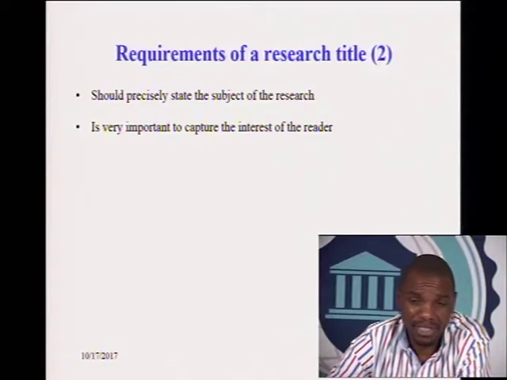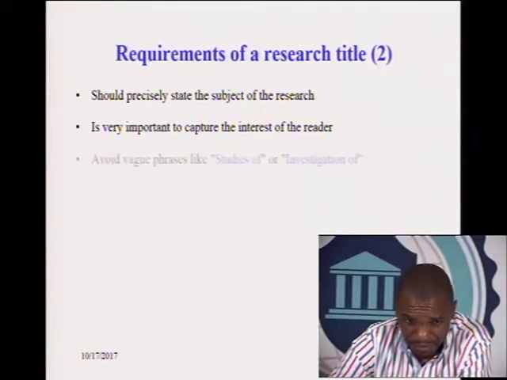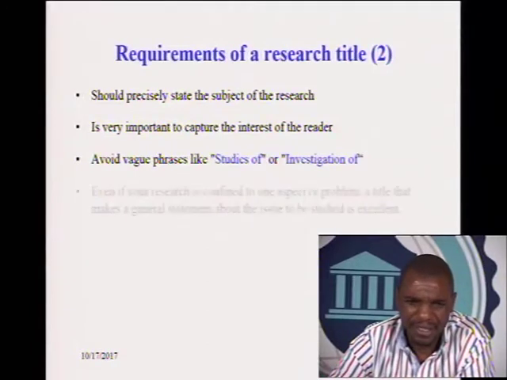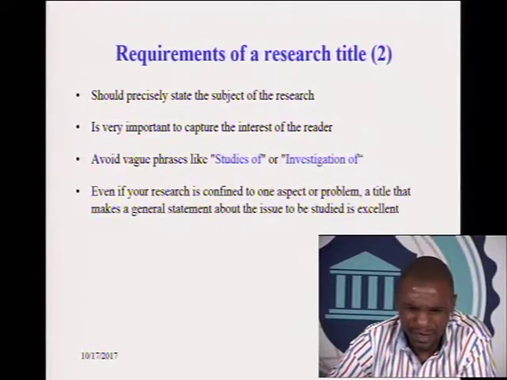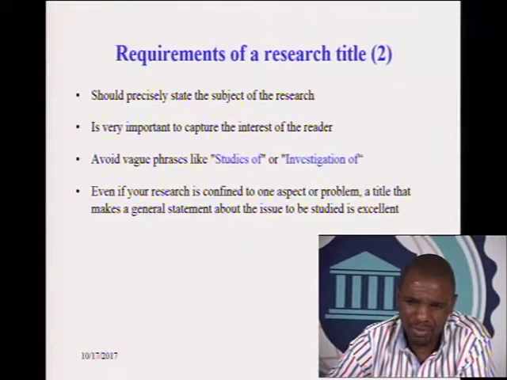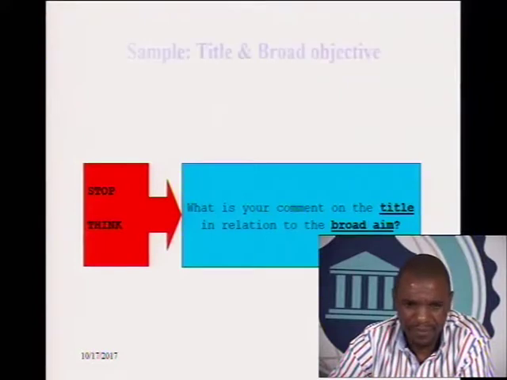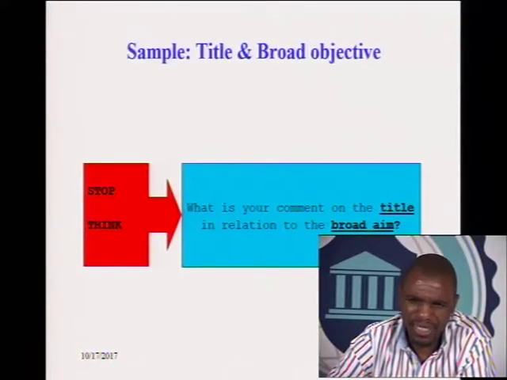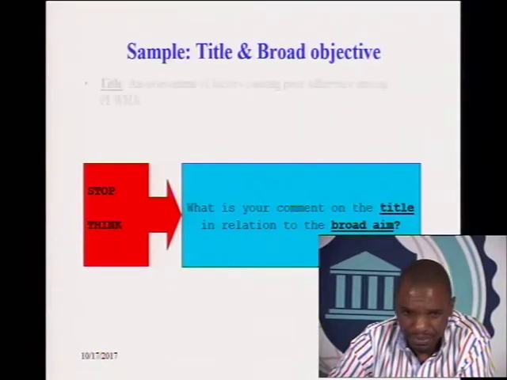It is very important to capture the interest of the reader. Avoid vague phrases like studies of, investigation of. Even if your research is confined to one aspect or a problem, a title that makes a general statement about the issue to be studied is excellent. Stop and think. What is your comment on the title in relationship to your broad aim?